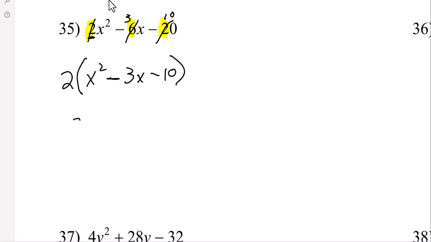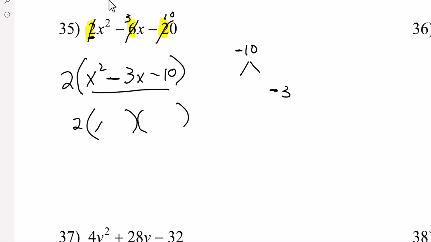But we're not done, because now we have a trinomial. Factors of negative 10 that add up to negative 3. And whoops, there we go. So the x's go here. If this is negative, then I'm going to say negative 5, positive 2.